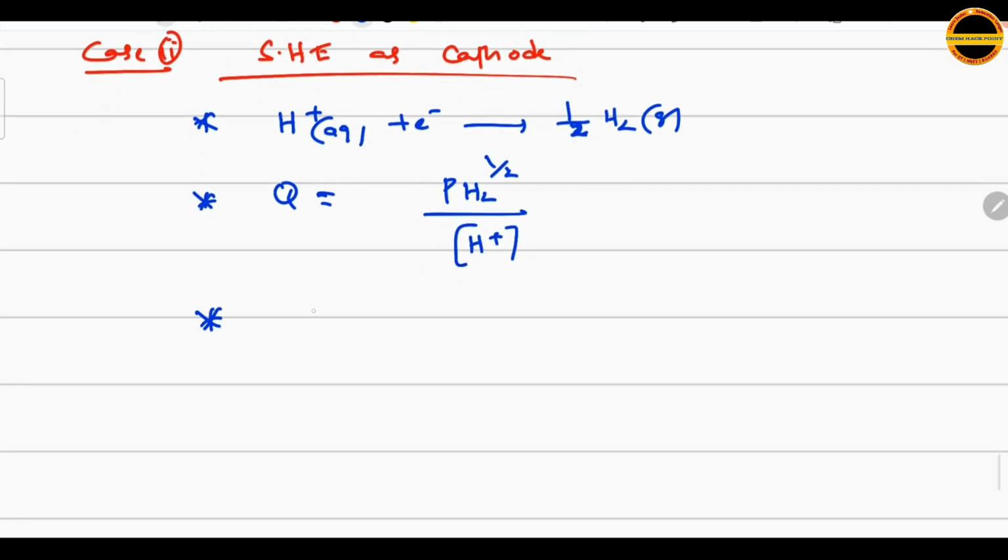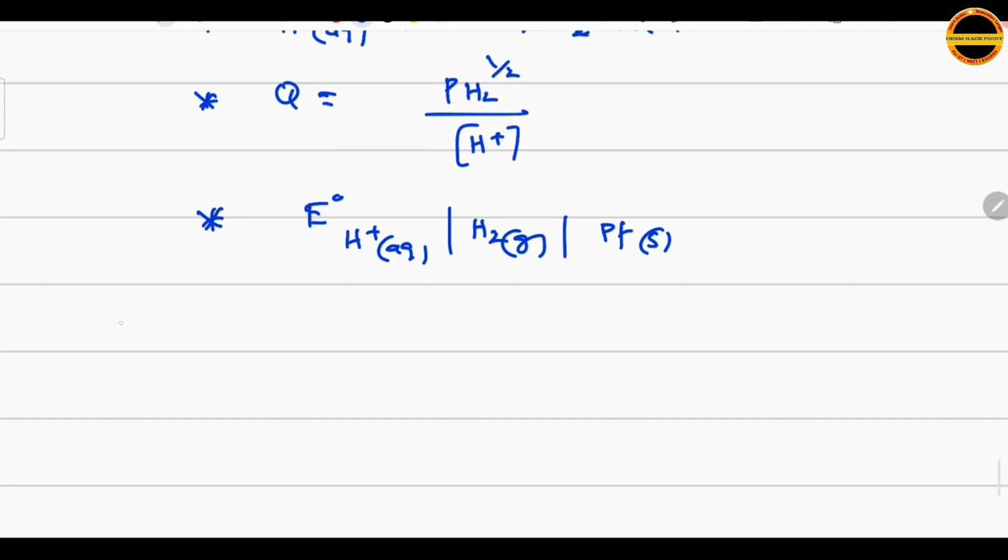How do we represent the cathode, that is SHE? H plus aqueous by H2 gas and platinum solid, a representation like this. So the reduction potential E of RP is E naught SRP, the standard reduction potential, minus 0.0591 by 1.